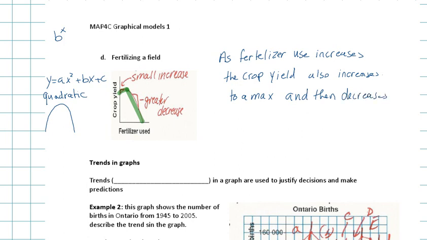Okay? So we see an increase at first until we reach a maximum, then it decreases after that.